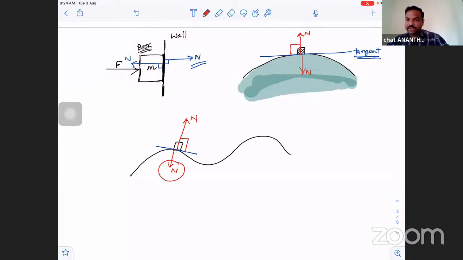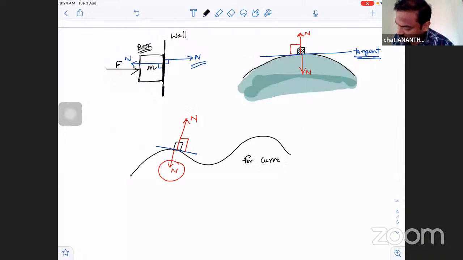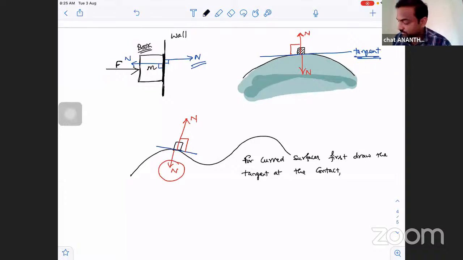So for curved surfaces, first draw the tangent at the contact, then draw the normal.